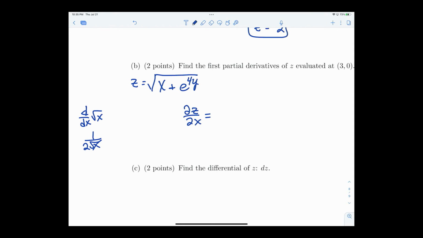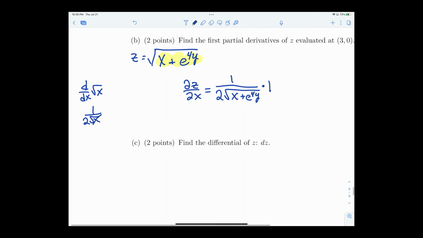You could do it with the power rule, but this is generally faster. So that's the derivative with respect to x, but you have to multiply by the derivative of what's inside with respect to x, and that is 1. While we're at it, let's just do the partial with respect to y as well. So we'll start out the same way.